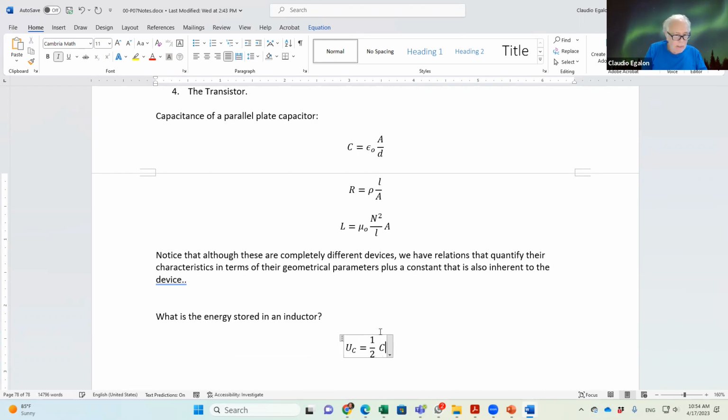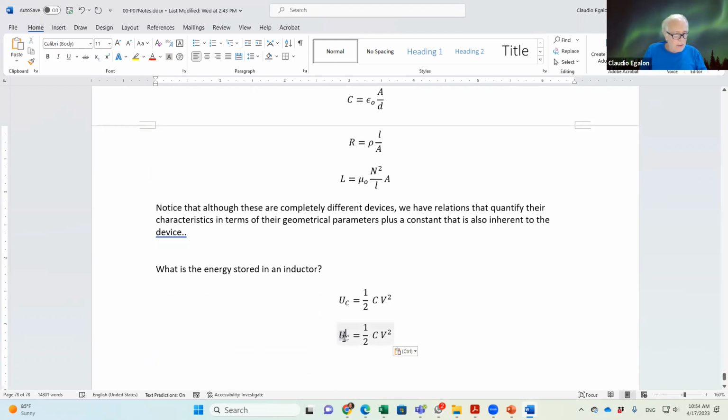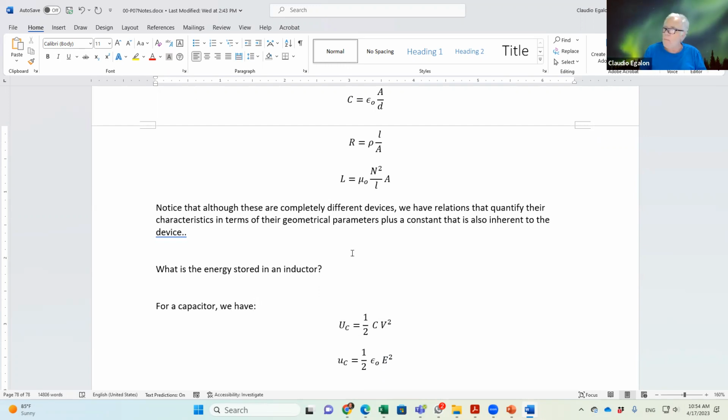Half C V squared. And by the way, we also know that the energy per volume is going to be what? Half, we found that, epsilon naught E squared. For a capacitor, we have that.